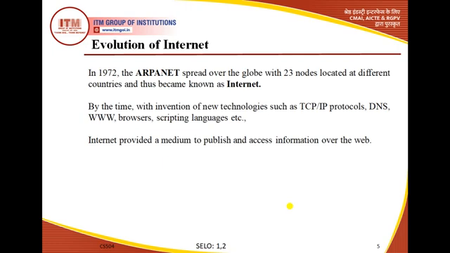As the internet evolved from 1969, 1972 and then till now, along with the advancements, several technologies got invented, for example transmission control protocol and internet protocol. There was a protocol defined for internet connectivity only. So the TCP/IP protocol suite was the one which evolved.